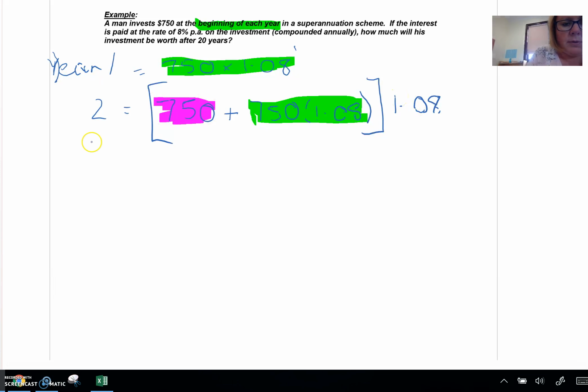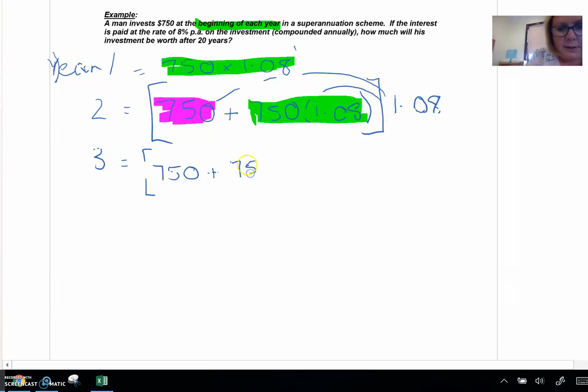Now, what do you think is going to happen on the third year? We've got the third year's plus, and I'm going to expand this out, the second year's, which has only earned interest for 1 year.